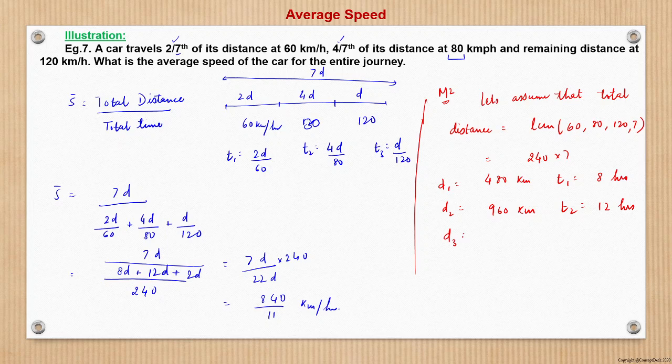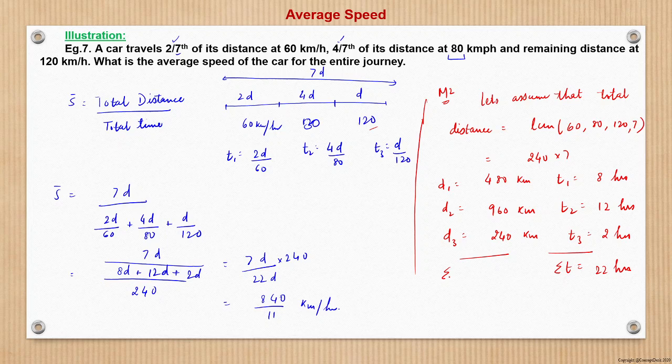And d3 is 240 into 7 by 7, that becomes 240 kilometer. And time taken to cover 240 at a speed of 120 will be 2 hours. So total time is 12 plus 8, 20 plus 2, 22 hours.